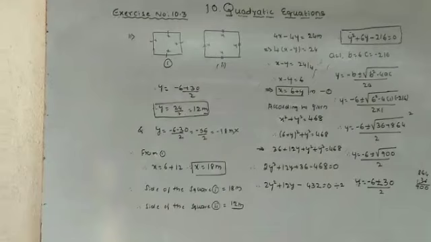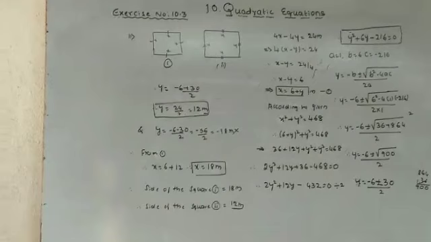Therefore, y square plus 6y minus 216 is equal to 0. Now, this is of the form ax square plus bx plus c is equal to 0. Now we write one by one: a value 1, b value 6, c value minus 216.